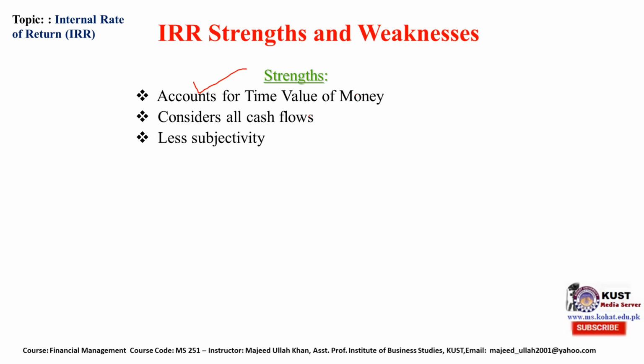Third, very few subjective matters are involved, because this hurdle rate of 13% is often calculated by firms as the weighted average cost of capital, WACC. This WACC has a proper calculation methodology, so it is not subjective.